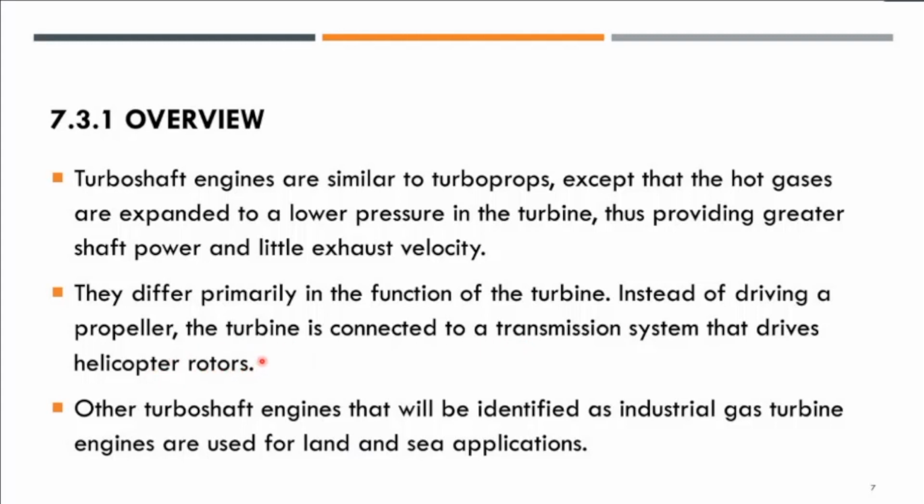Helicopter engines have this common turboshaft arrangement. Other turboshaft engines, identified as industrial gas turbines, are used for land and sea applications. They can also be used for power generation on land as well as at sea.